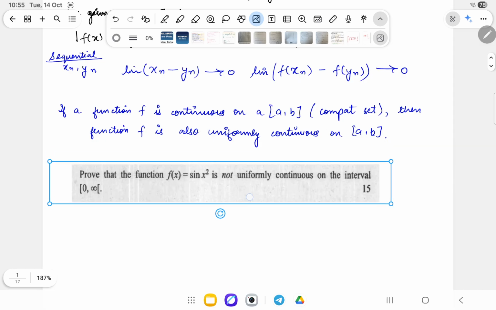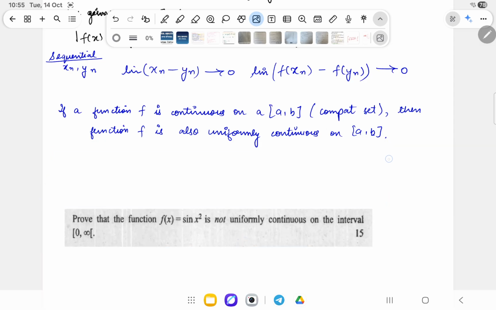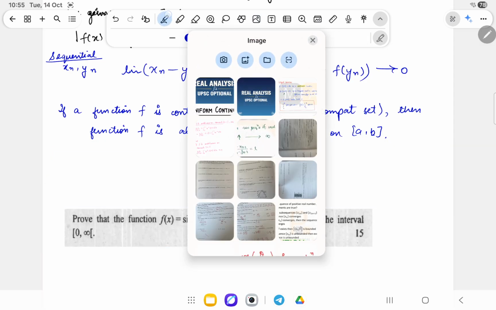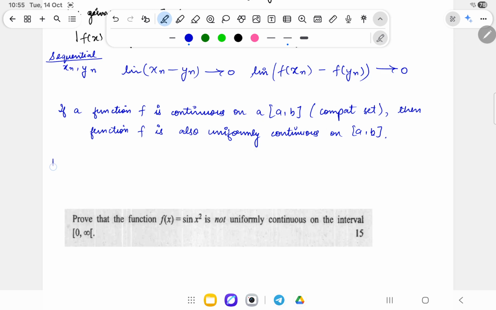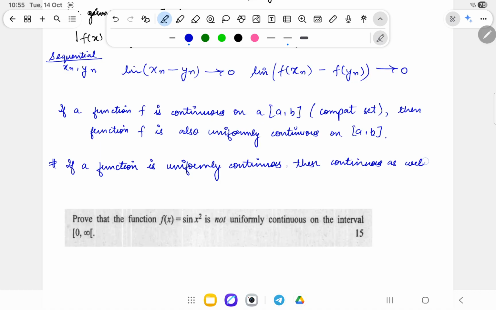And another result is that if a function is uniformly continuous, then it's continuous as well. But its converse is not true.